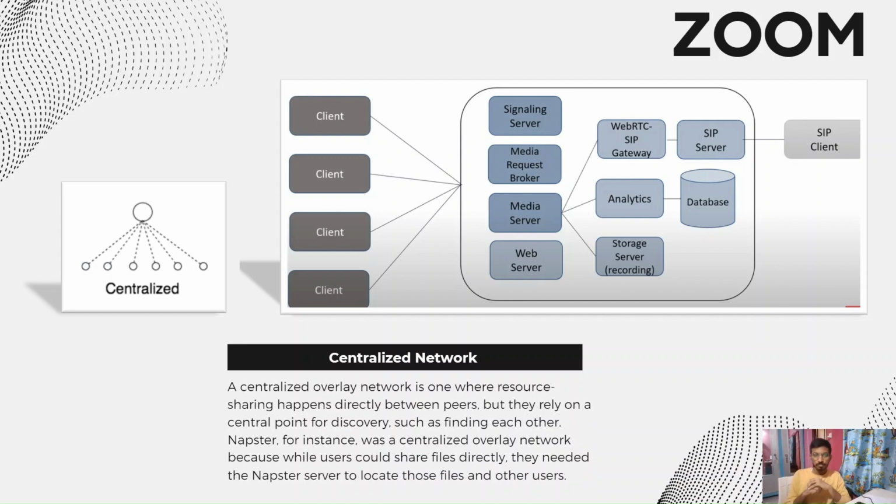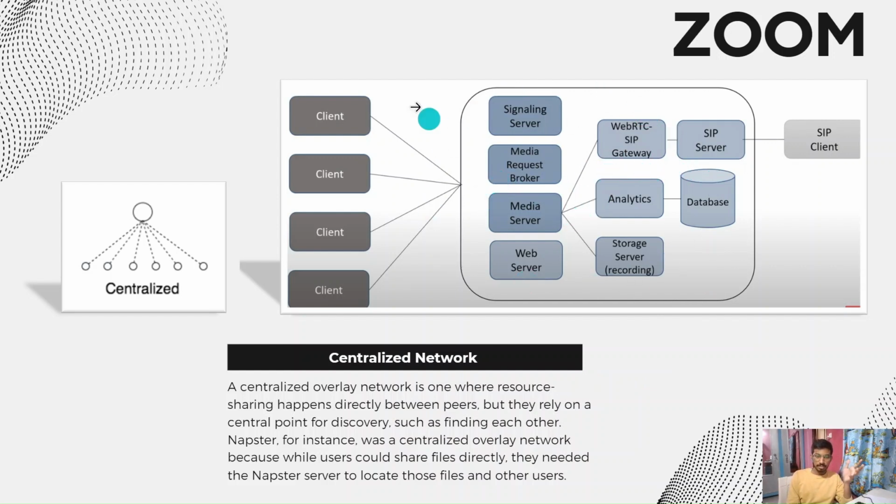Right now, the applications that we usually use, like Google Meet, Zoom, Microsoft Teams, have an architecture with something called an SFU. As you can see, this central part is an SFU.